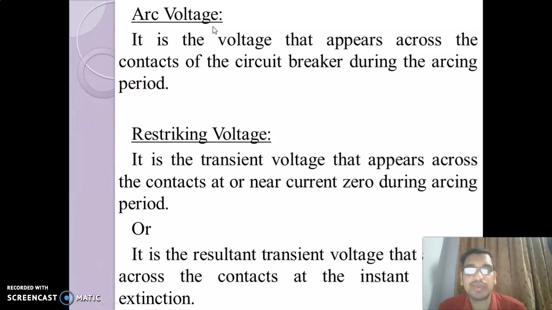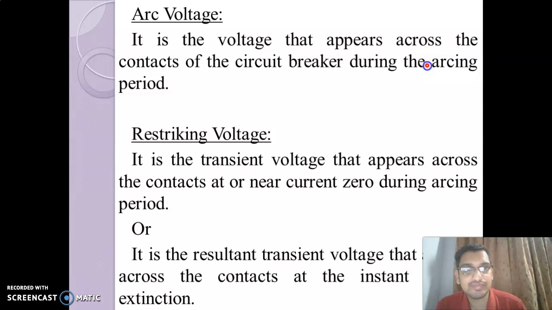First we explain the arc voltage. Arc voltage is nothing but the voltage across the contacts of the circuit breaker during the arcing period. Arcing period means that when a fault occurs, the circuit breaker contacts get separated and an arc is generated between the contacts.